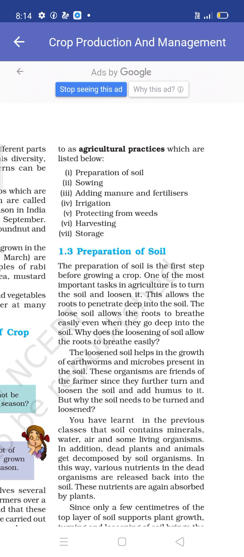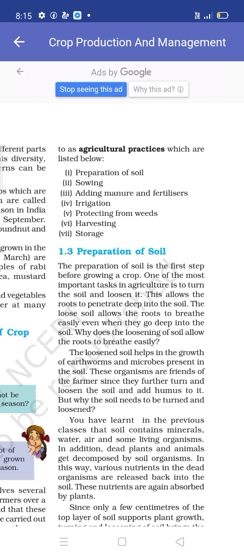By this, the soil becomes soft and fertile. The loose soil allows the roots to breathe easily even when they go deep into the soil. One question in our mind is why loosening of soil allows roots to breathe easily.